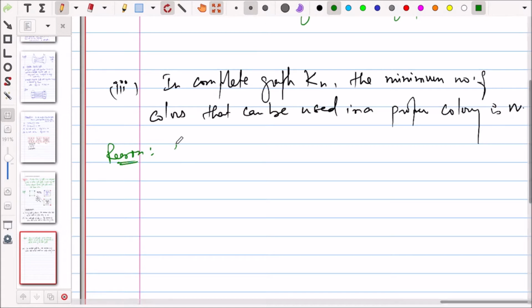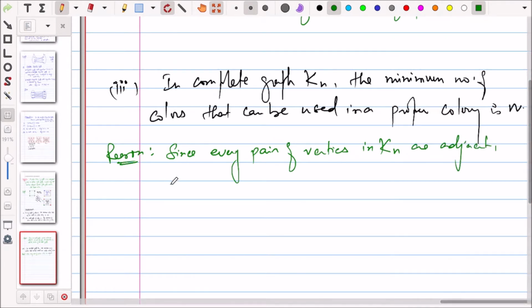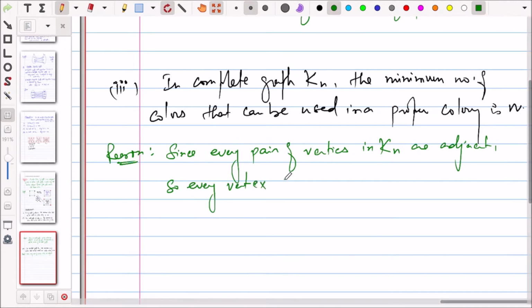Yes, since every pair of vertices in Kn are adjacent, every vertex must receive a different color.